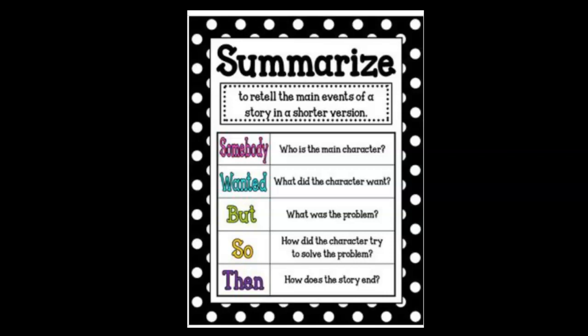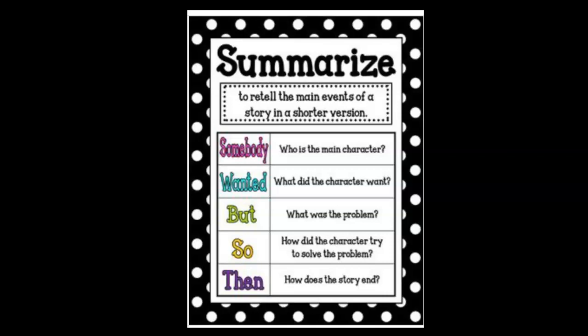You are going to open up your reading notebook, and on the next clean page, you are going to write this anchor chart on Summarize. And please remember that you do need to add color so that it stands out.